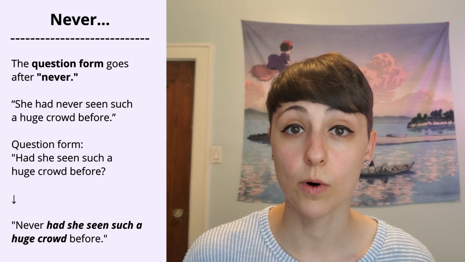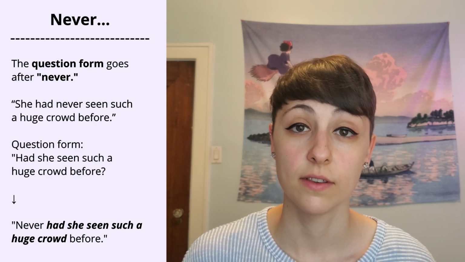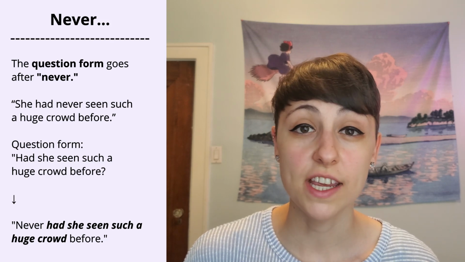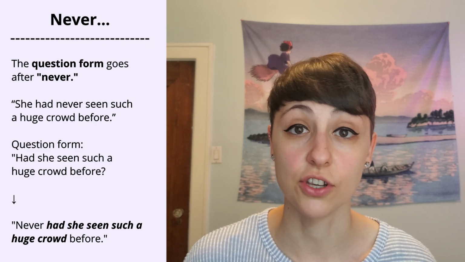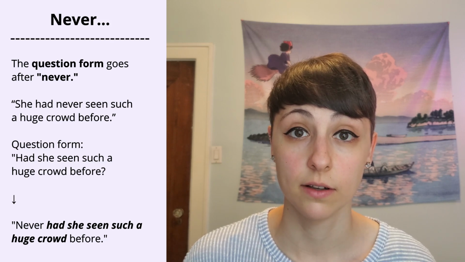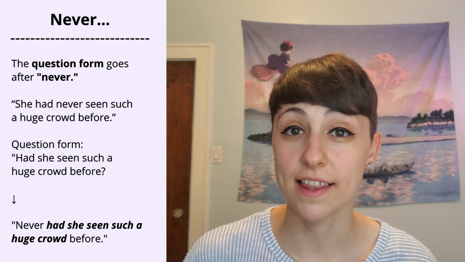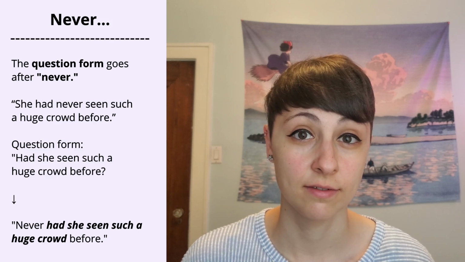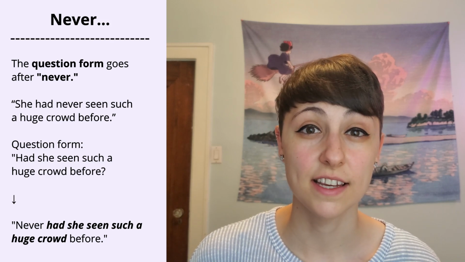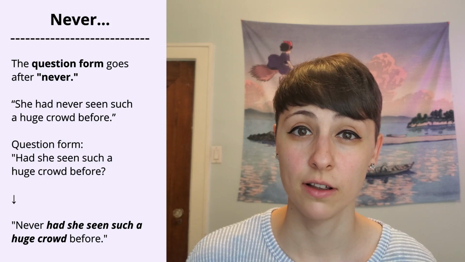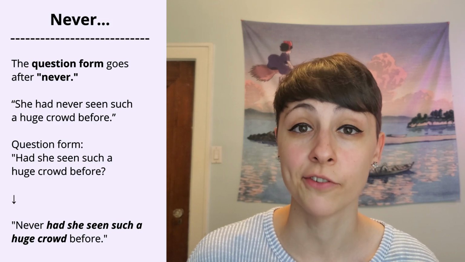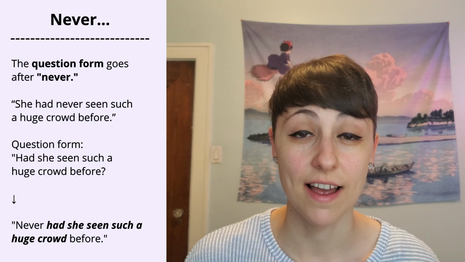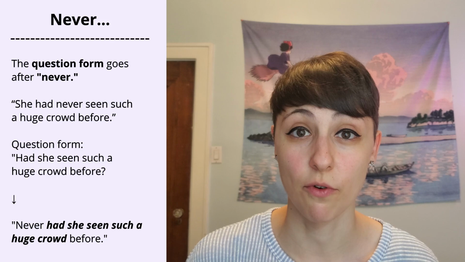So if you wanted to emphasize the sentence, she had never seen such a huge crowd before, then you can turn that into a question. Had she seen such a huge crowd before? And put never in front of it. Never had she seen such a huge crowd before.